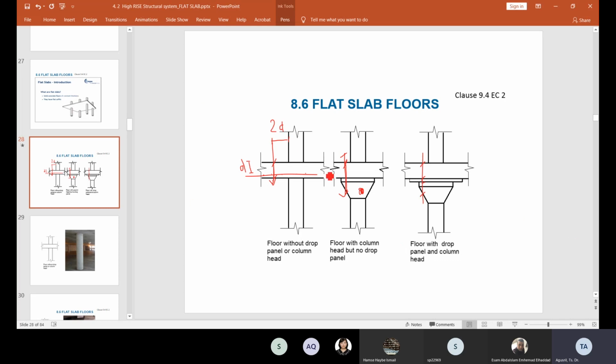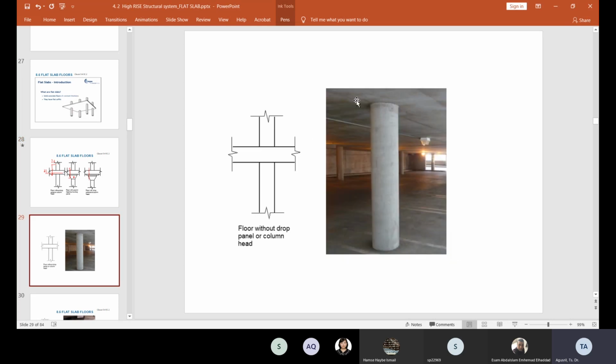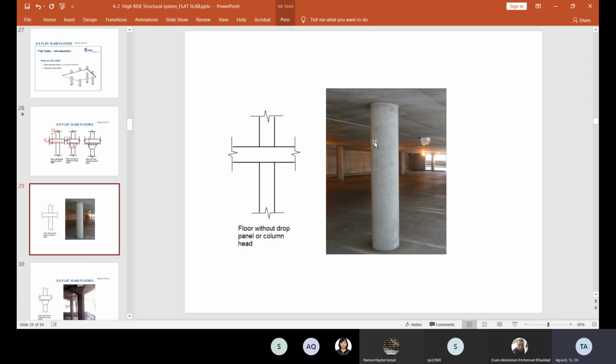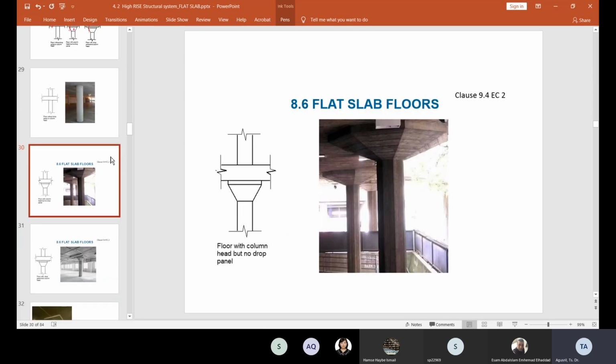And then for case number 1, you can see here on this side they have the slab with the column only. So this is the floor or slab without the drop panel and also without the column head. And then option number 2, this is the column with the column head.